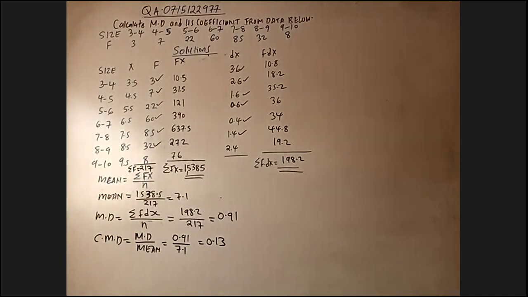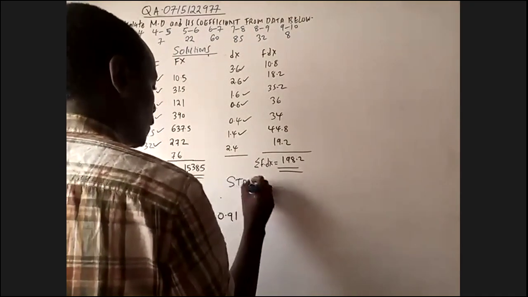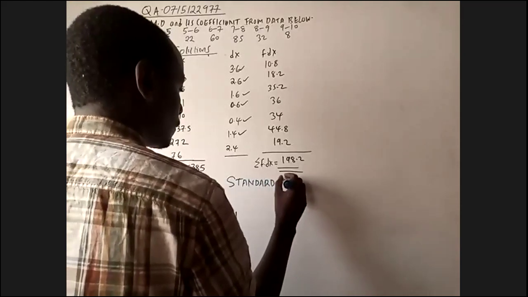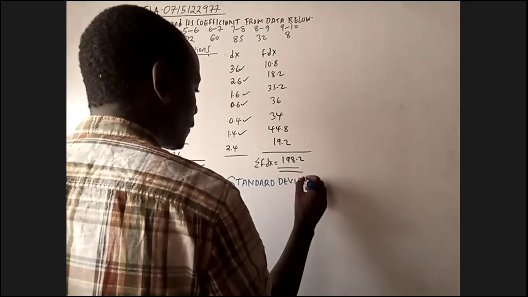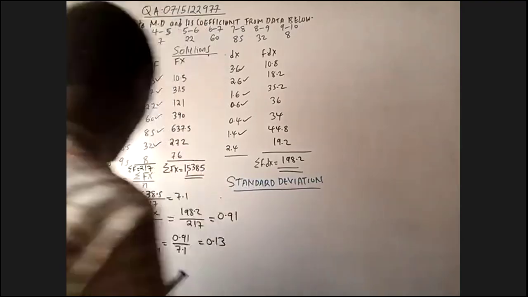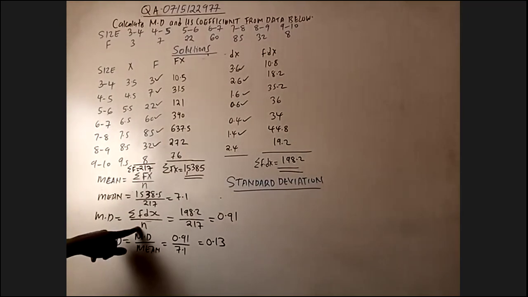Now, let us rest. We meet from 4 and do standard deviation. Under mean deviation, the formula was summation of f dx over n.